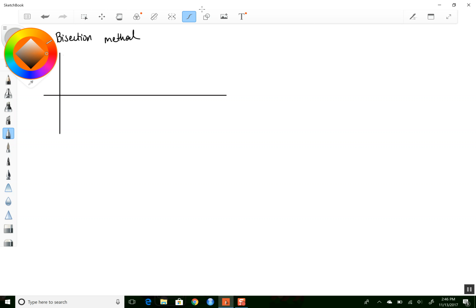The other ones all might fail. They work a lot of the times, but they could also fail. Bisection method, guaranteed to work, as long as it's continuous. As long as you have a continuous function and not something that's going to jump across 0, bisection method will work.